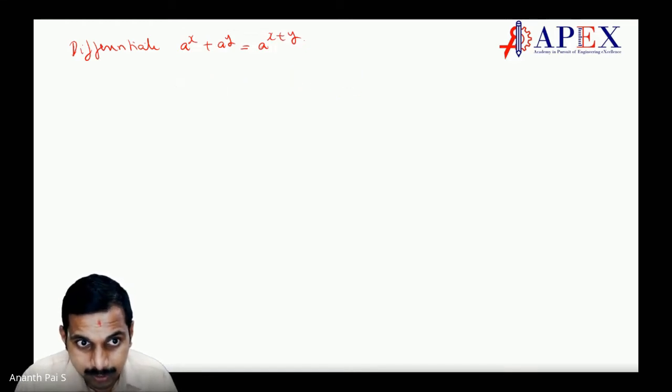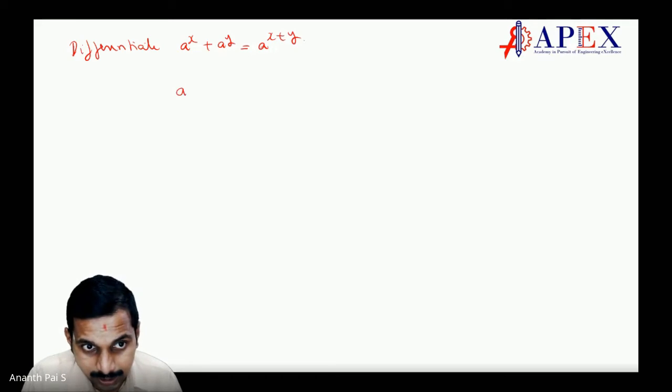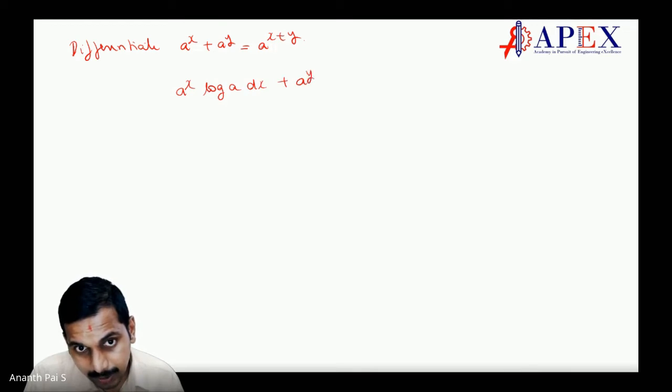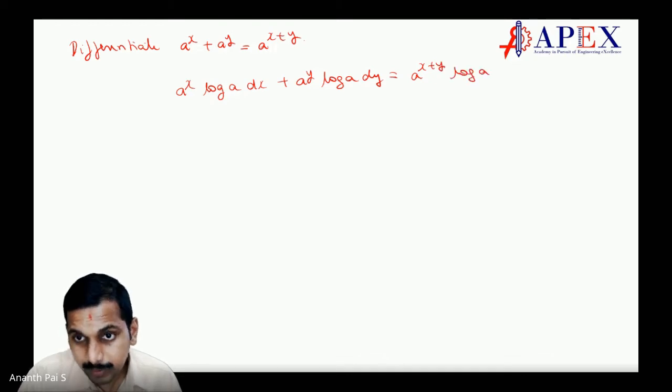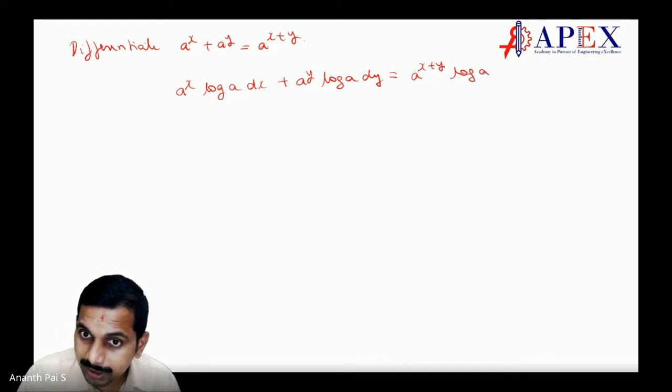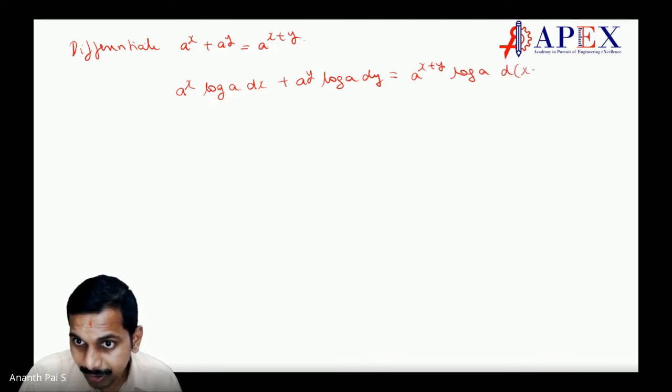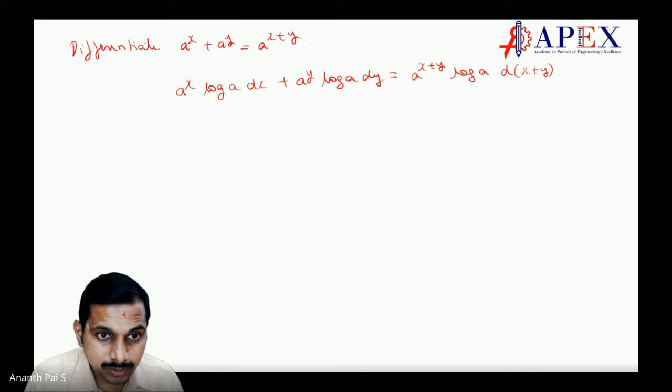So you can write this as a power x log a dx plus a power y log a dy is equal to a power x plus y into log a into d of x plus y, correct? So this can be done like this.